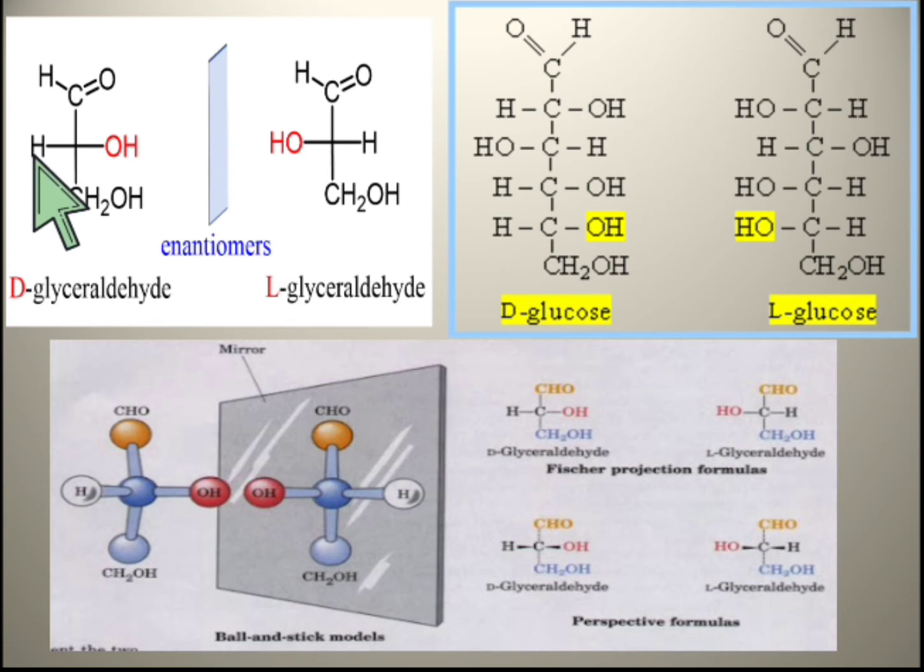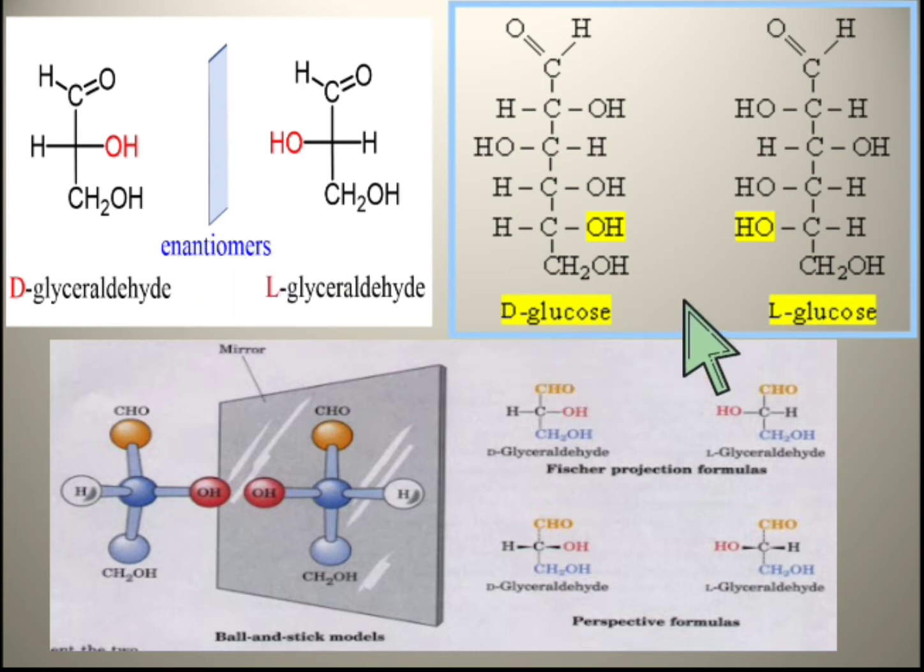Because hydrogen is on the left and hydroxyl is on the right. But this one is the L-glyceraldehyde. Why L here? If you see the arrangement, the hydroxyl is on the left and the hydrogen is on the right. So these are the examples of D and L sugars, also known as the enantiomers.